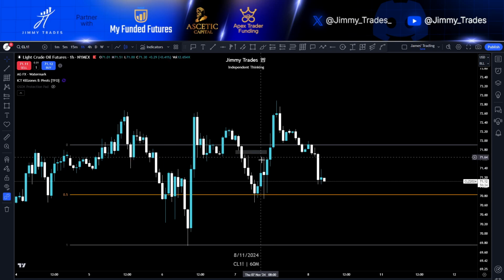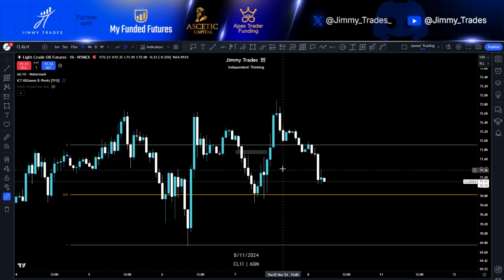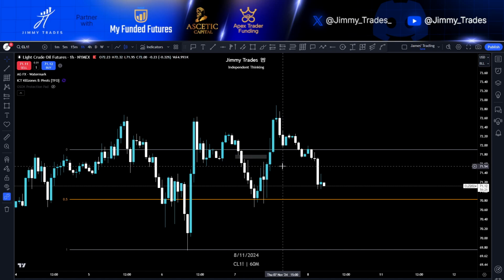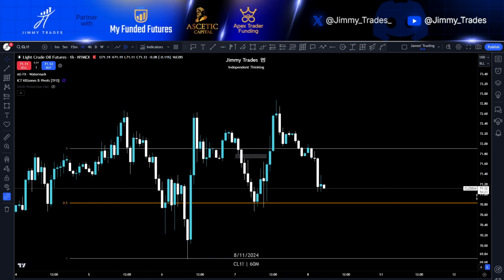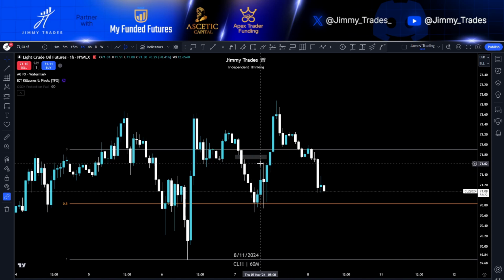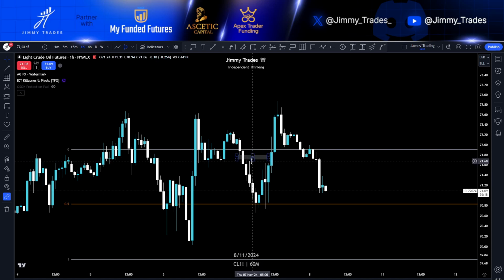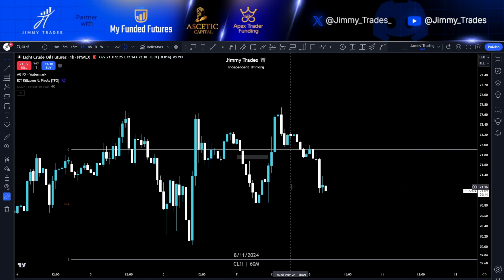On our hourly time frame, price didn't sweep a swing high and it didn't move from an FVG. So this is an error, a mistake in my trading. We should be looking for a sweep of a high time frame point of interest on the hourly chart if we're executing on the 5-minute.